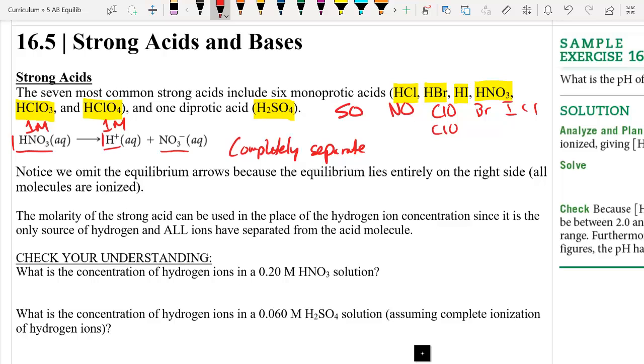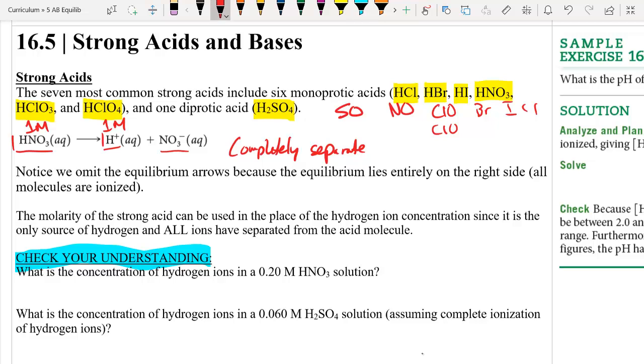And it's really easy for us to figure out things like pH based upon that information. Now, just to verify you're getting this concept, I want you to do this check for understanding here. So first, what is the concentration of hydrogen ions in a 0.2 molar nitric acid solution?